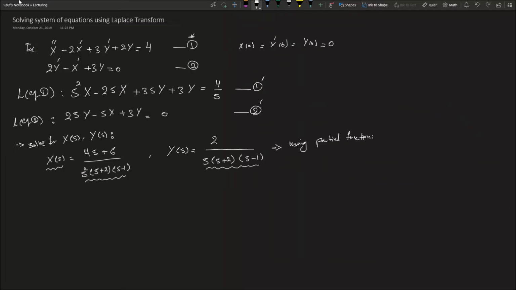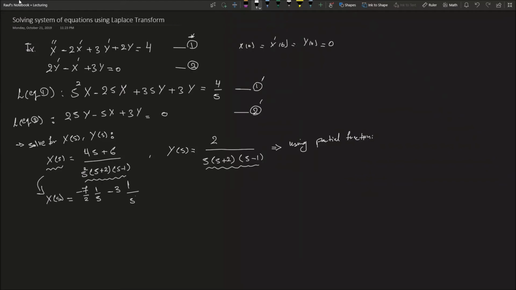So the partial fraction will give you X of s equal to minus 7 over 2 multiplied by 1 over s. We will not go deeply into the partial fraction, otherwise the lecture will be so long. We already talked about that in a specific video that you can refer to for more details.